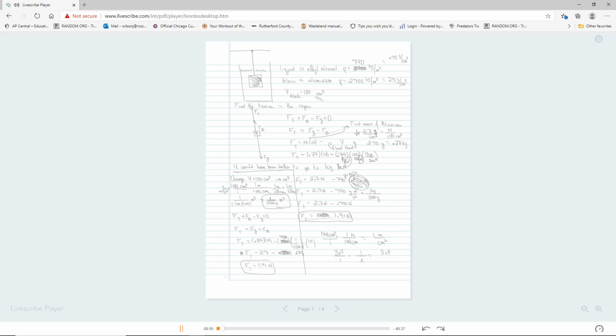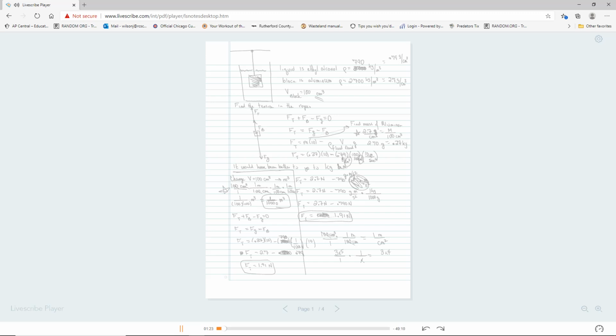Okay, so we've got a cube that is 10 centimeters by 10 centimeters by 10 centimeters, and it's floating in water.